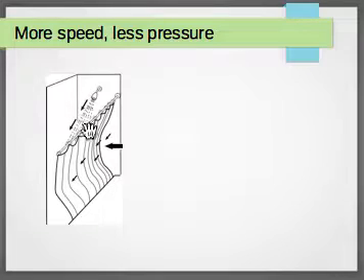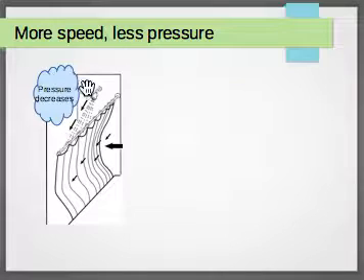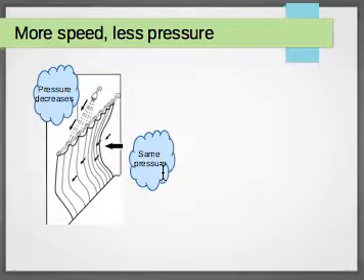The particles going faster means you get less pressure. Less pressure here means that over here there's more pressure, or the same pressure that you had before, and there's going to be something like a vacuum.